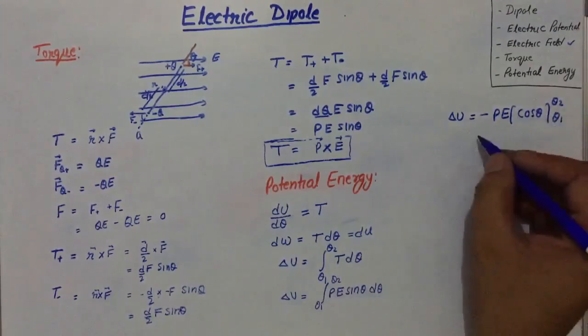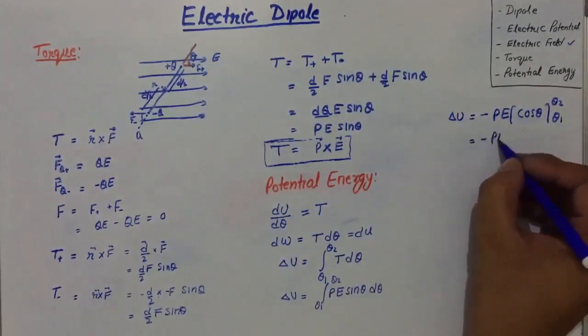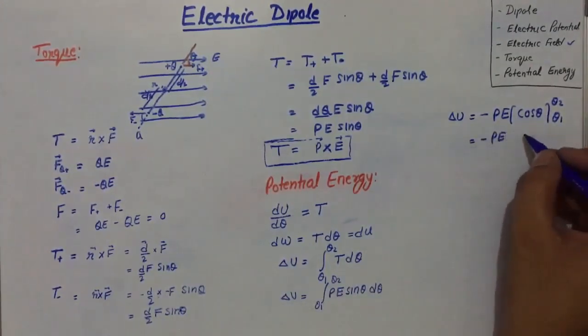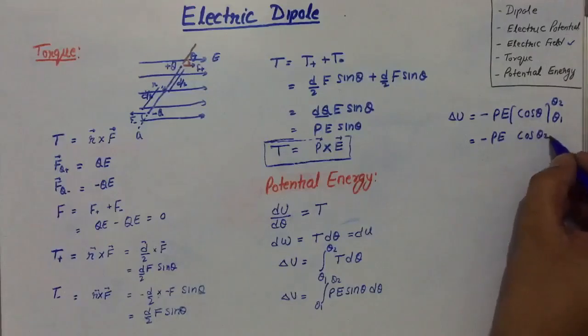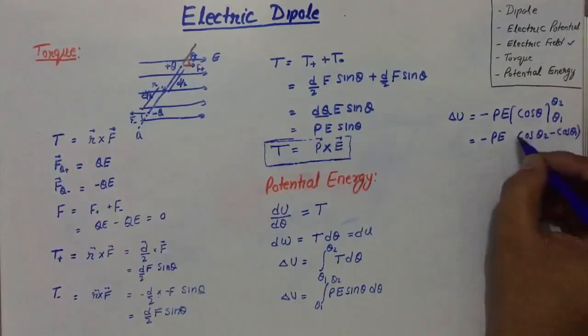Now we put the limits. Now it will be PE times cos theta 2 minus cos theta 1.